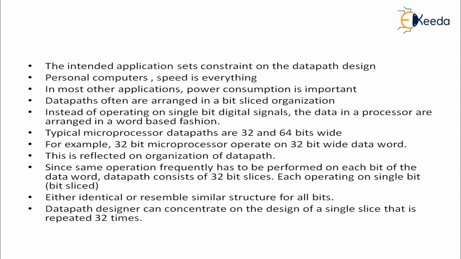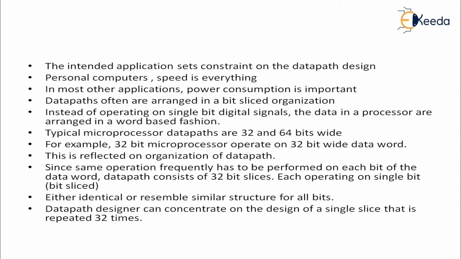The same operation will be repeated for the different bit values also. My data path will consist of 32 bit slices. If it is a 32-bit word, I will be having 32 bit slices, each operating on a single bit. That is why it is called bit sliced. These will be identical or resemble similar structures for all your bits.